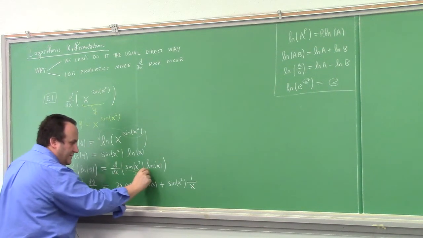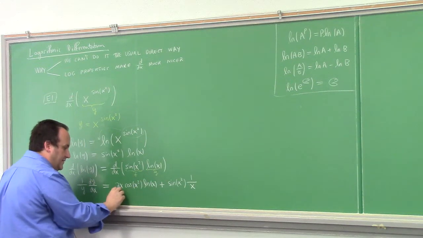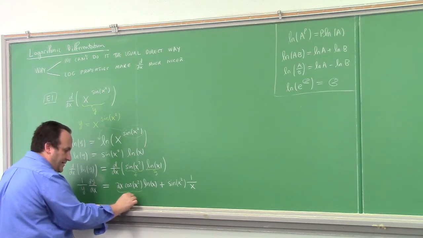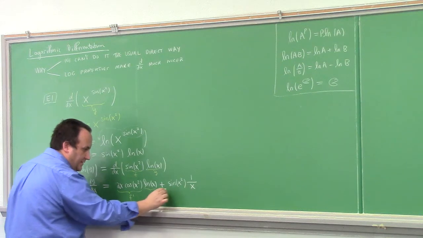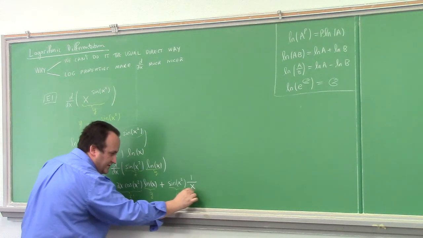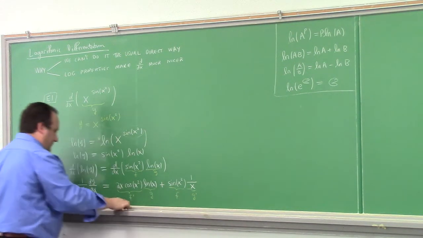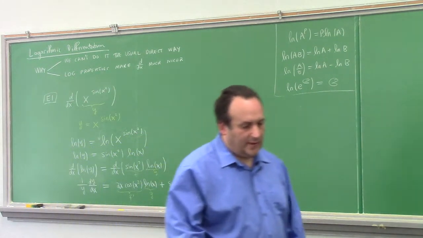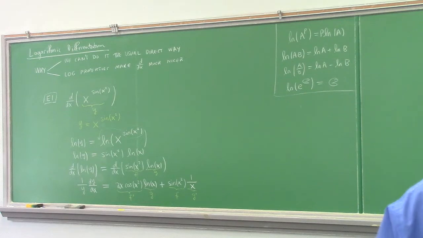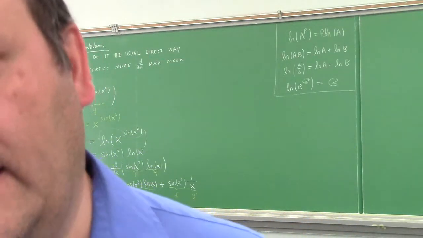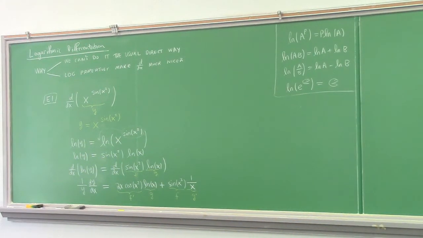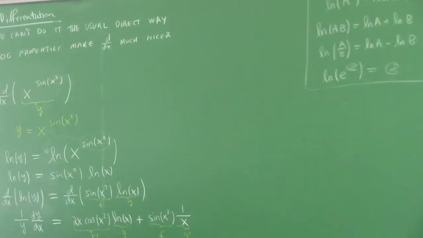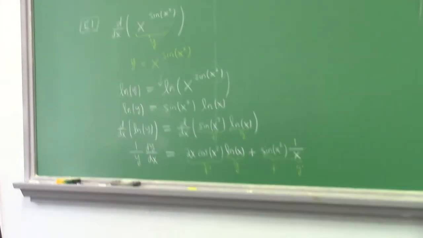This is f, this is g. That term is f prime, this term is g, this is f, this is g prime. And I'm using the chain rule on y, because natural log of y is a function of y, not x.